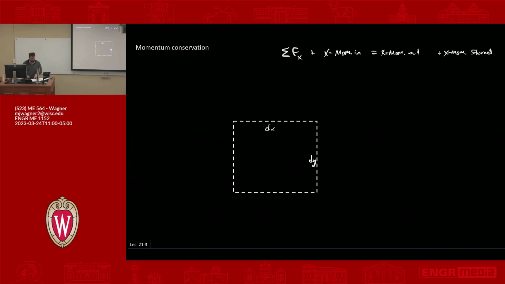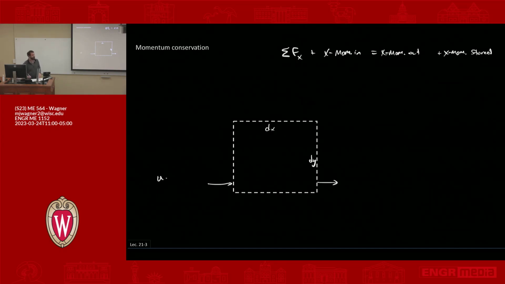Okay, so with that, let's start doing the inventory of stuff that is going on here. We'll start from the left. What do we have coming in? We're thinking just about the x component here. So we have the velocity times the mass. Velocity is u.